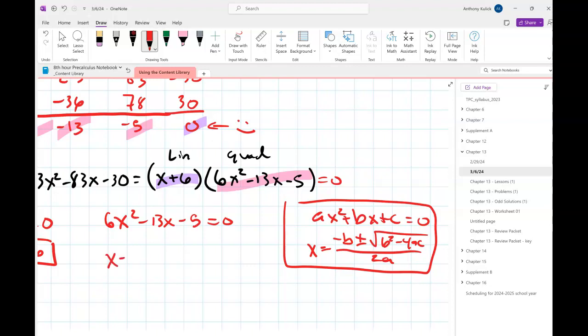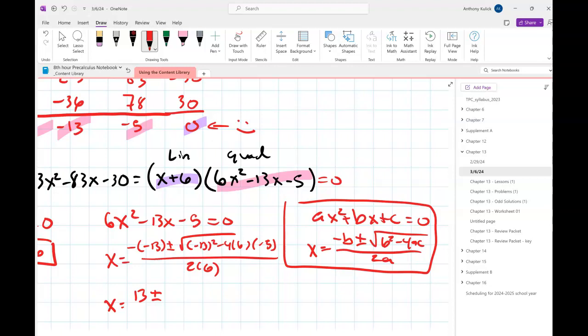All right, so here we have x equals negative of negative 13 plus or minus the square root of negative 13 squared minus 4 times 6 times negative 5, all over 2 times 6. Negative of negative 13 is positive 13. 13 squared is 169.